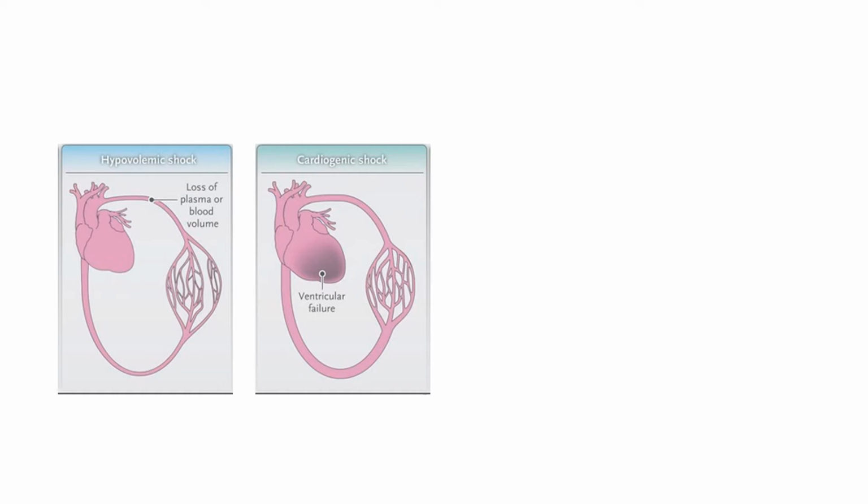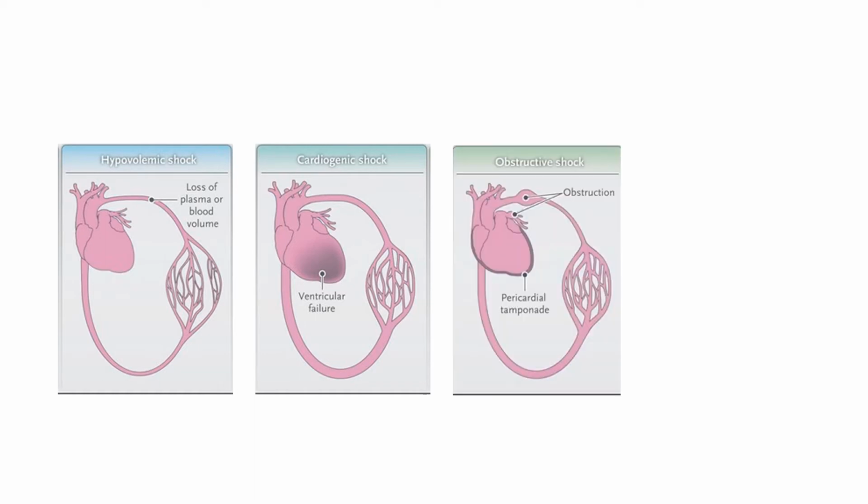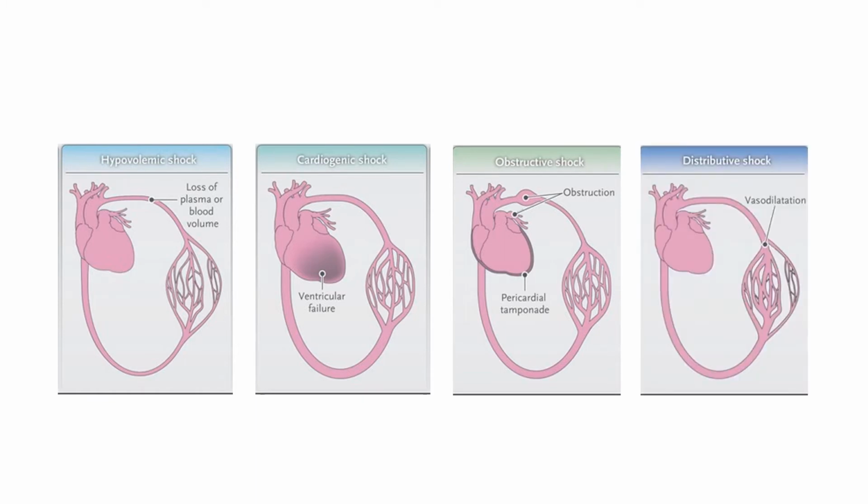The third pathophysiological mechanism is obstruction, for instance due to pulmonary embolism, cardiac tamponade, or tension pneumothorax. And last but not least, the other pathophysiological mechanism that could lead to shock is distributive factors, for instance due to severe sepsis or anaphylaxis from the release of inflammatory mediators.